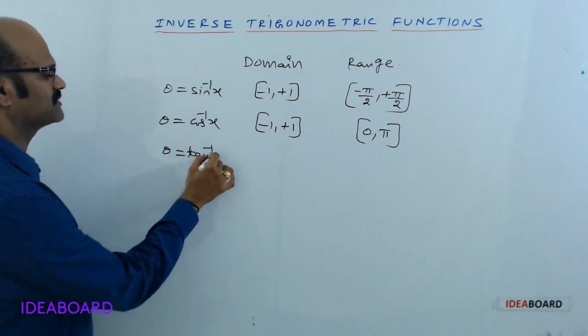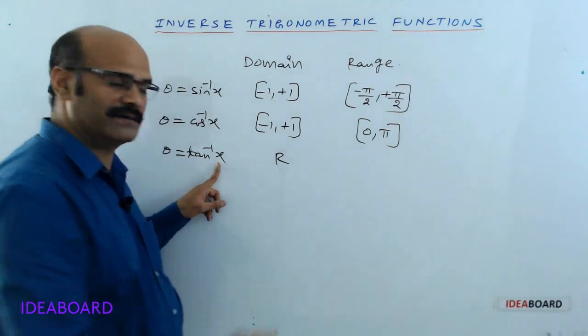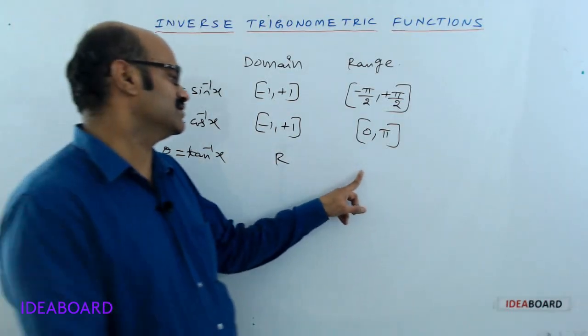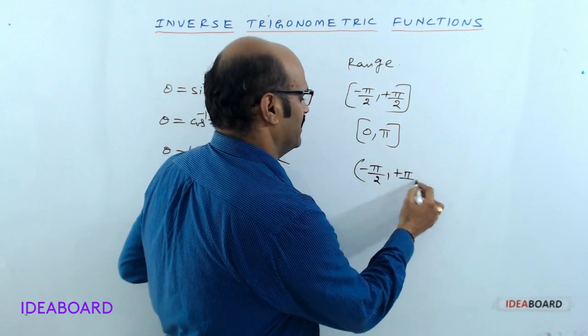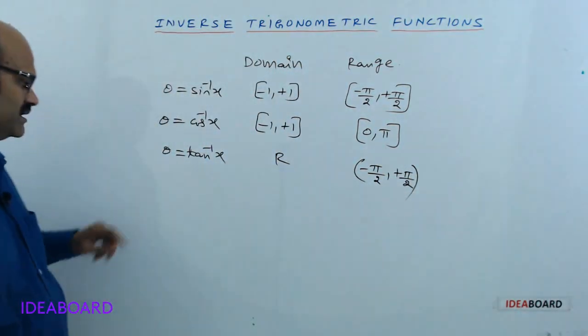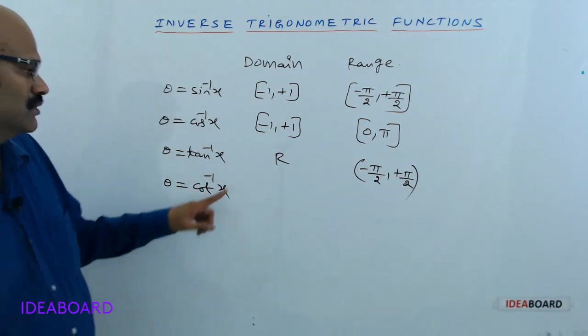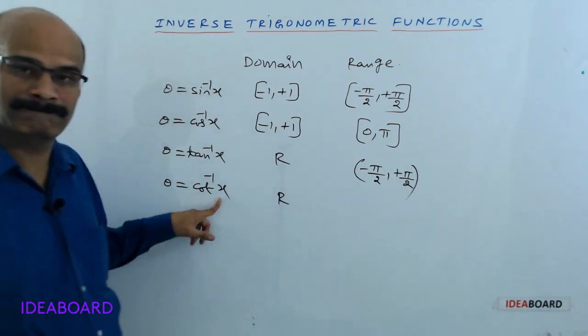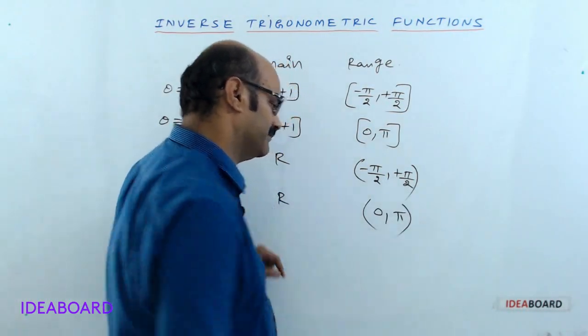Theta equal to tan inverse x. The domain of theta equal to tan inverse x is R, and here range equal to open interval minus pi by 2 to plus pi by 2. Next, theta equal to cot inverse x. Domain is R and range equal to open interval 0 to pi.